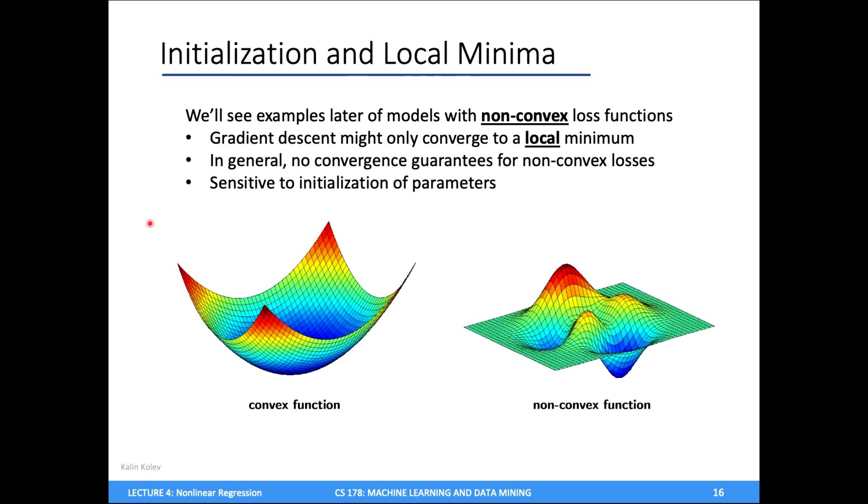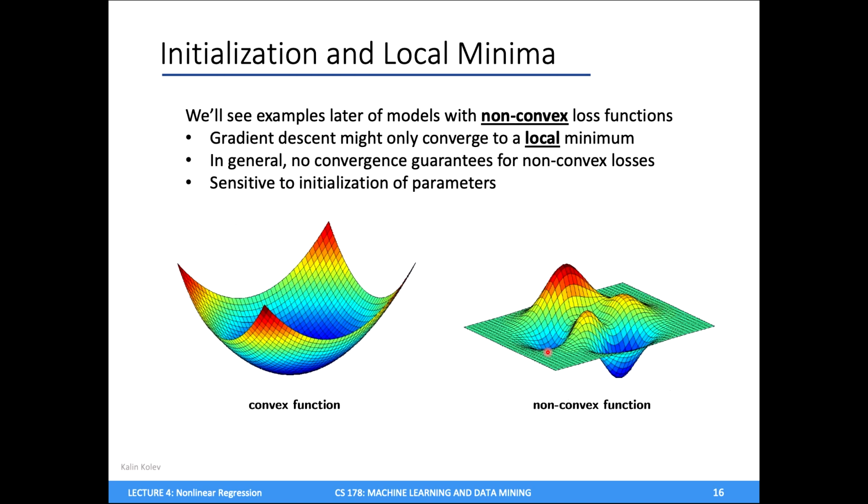Later on in the course, we'll see plenty of examples of models which correspond to non-convex loss functions. And in this case, if you run the gradient descent algorithm on a non-convex loss function, it might only converge to a local minimum. The function we see here on the right-hand side is an example of a non-convex function, and it no longer has just a single unique minimizer, say this point here, but there are also some points here that correspond to a local minimum.